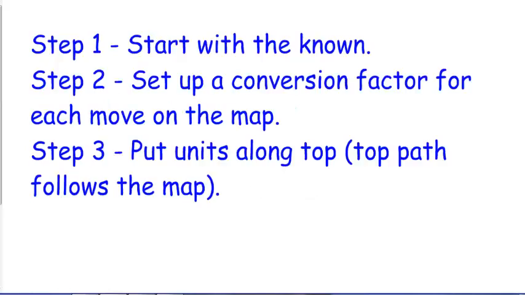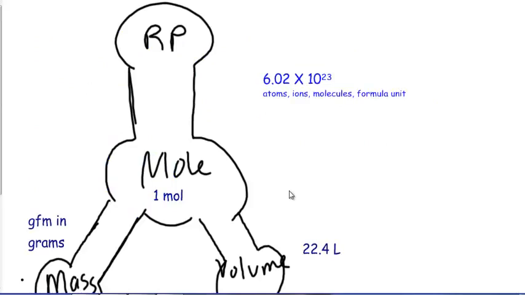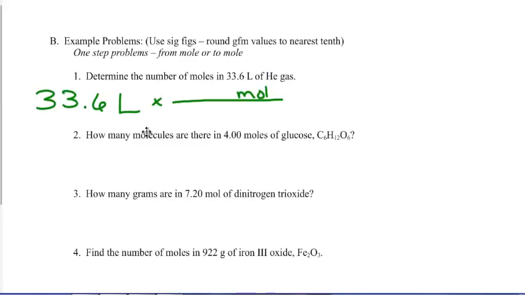Step 3, I'm going to put units along the top of the conversion factor. The top path follows the map. So remember, we're going from liter to mole. So what I mean by top path follows the map, we start with liter, and the top of the conversion factor gets the unit mole.